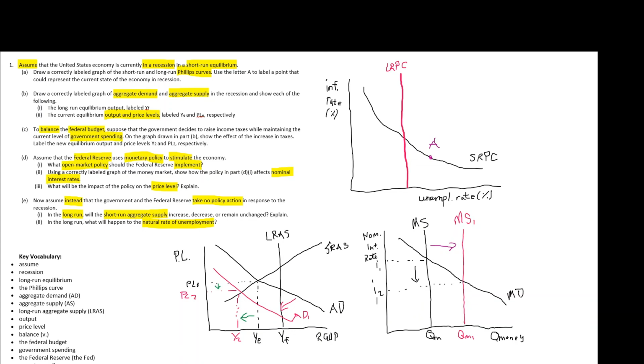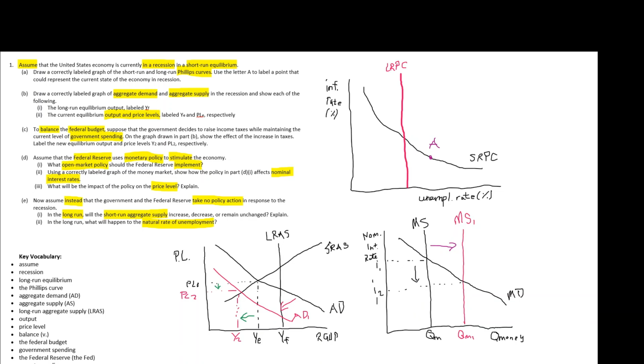To change the natural rate of unemployment, we would have to do something to change the frictional unemployment rate. That could be things like job matching, allowing people to find jobs more quickly, or something related to reducing structural unemployment. Possibly you might see a question that includes things like retraining programs, subsidies for relocation, and so on.